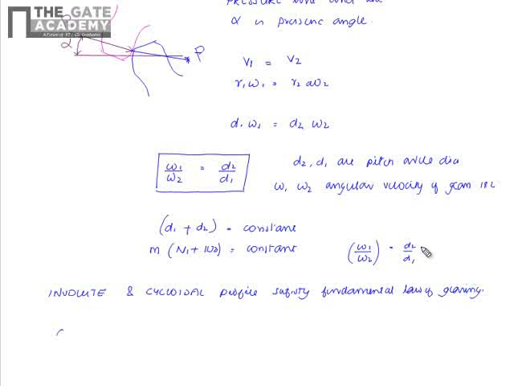For the cycloidal profile, alpha varies, therefore it is not used commonly.